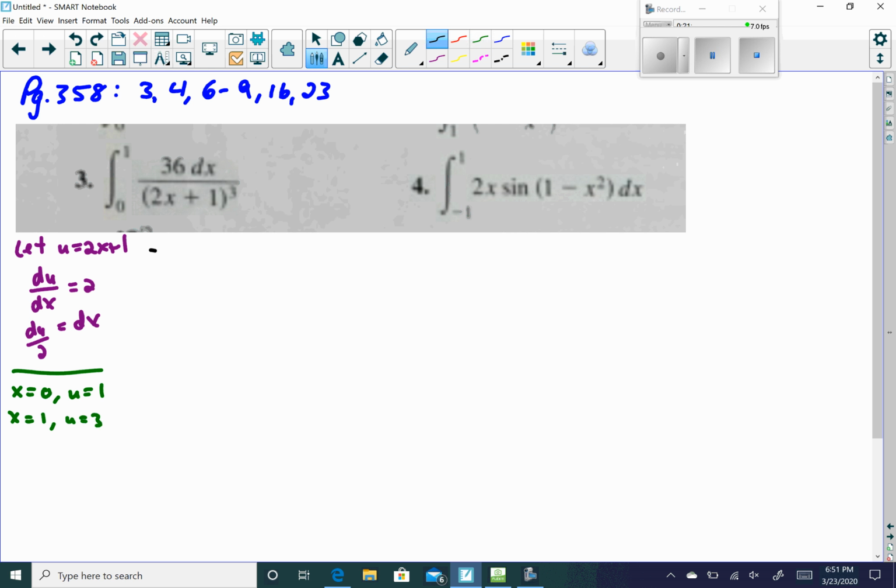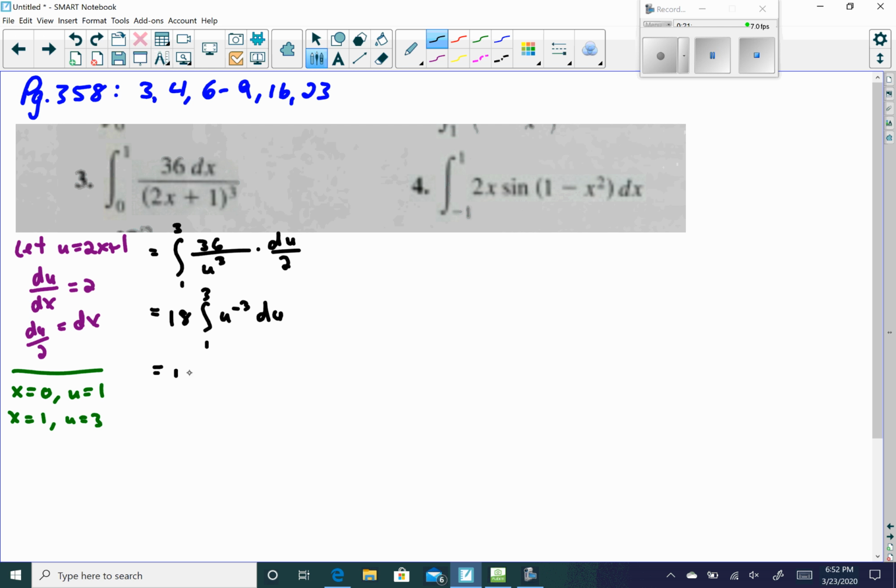So now I'm going to have the integral from 1 to 3 of 36 over u cubed times du over 2. So I'm going to take that 36 over 2, and that's going to turn into an 18 out in front, and then we'll have the integral from 1 to 3 of u to the negative third du.